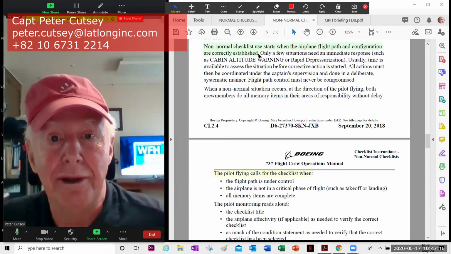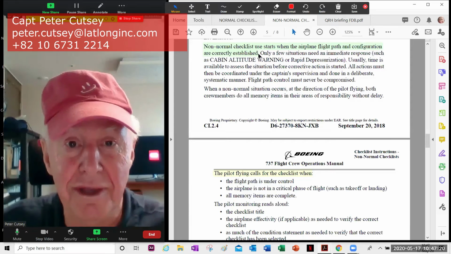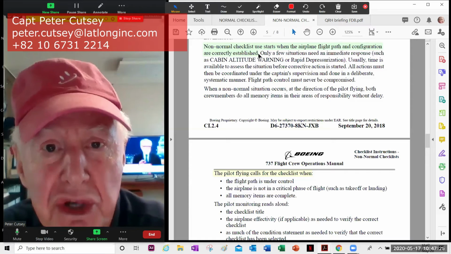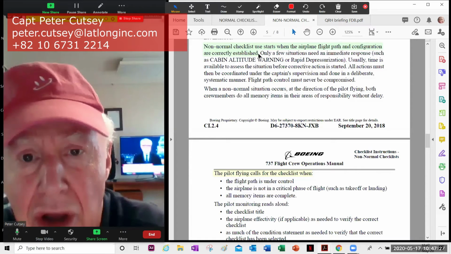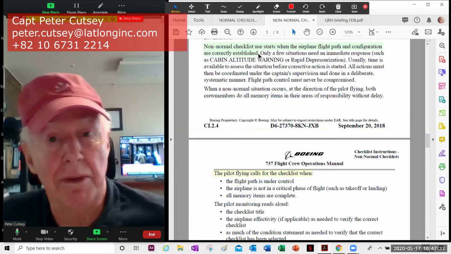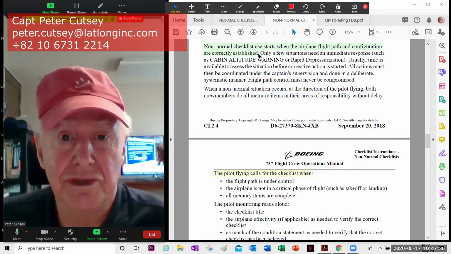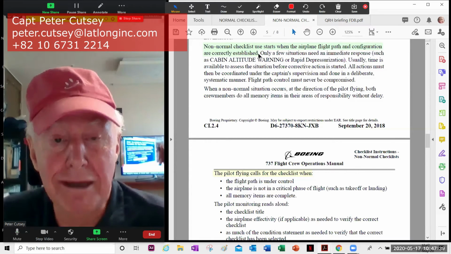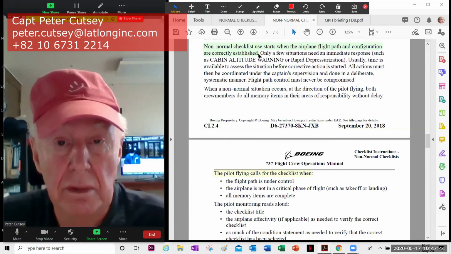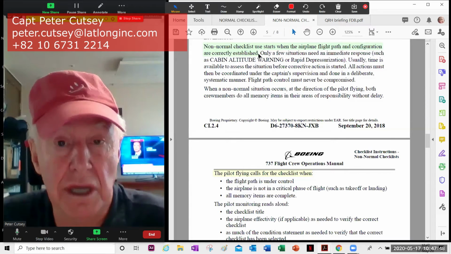Years ago, we had pilot flying and pilot not flying as the terminology. And we very quickly, well, after 20 or 30 years, I got rid of the term pilot not flying. Pilot monitoring was a much better term, meaning the pilot monitoring is flying the airplane mentally and ready to assist or take over, especially in an incapacitation.